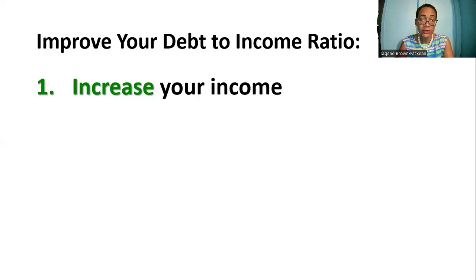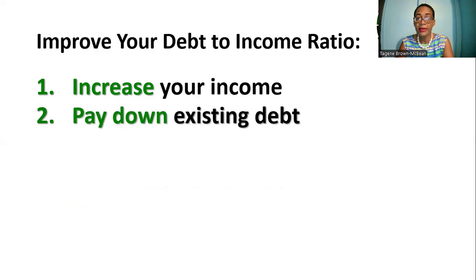Other things you can do as well is to pay down existing debt. Is there a debt that you have currently that it soon pay out and you have a little money that you can pay to the debt, pay off that loan or pay off that credit card?